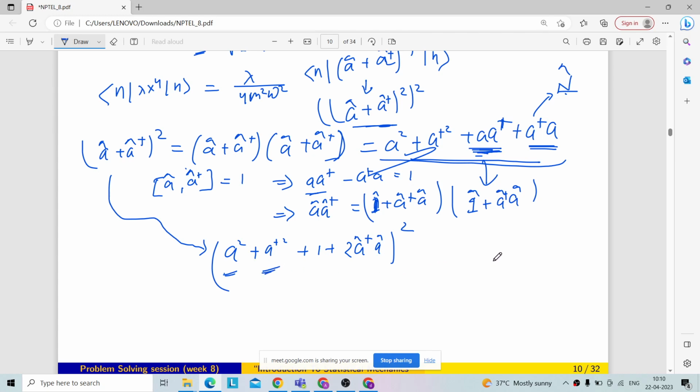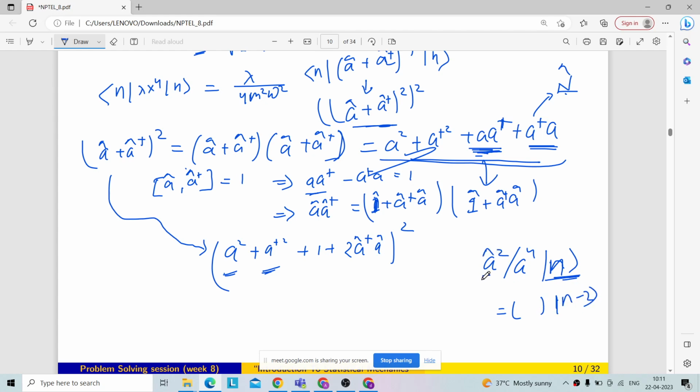When a² or a⁴ operates on a state |n⟩, it will spit out some eigenvalue and change the state, like if a² is the operator, it will give n minus 2.